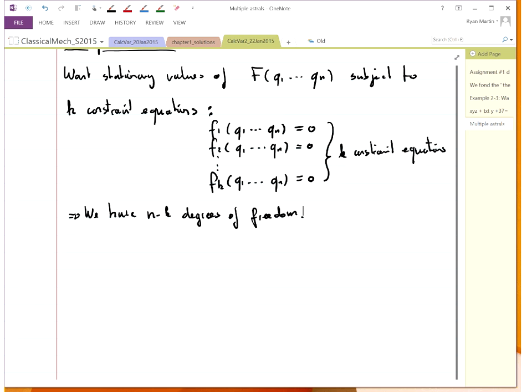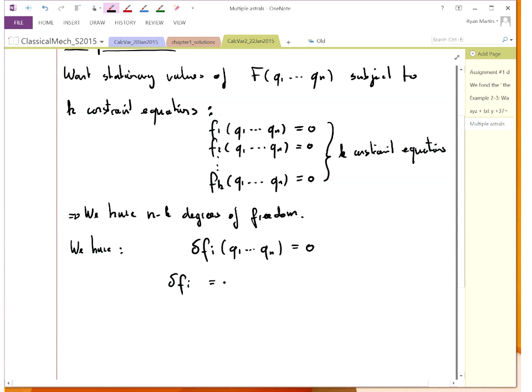Because each of these f's is equal to 0, the delta f's is also going to be equal to 0. So if we consider the variations of these fj, we have delta fj, and you can write this for f1, f2, and all the way up to fk. So delta fj of the q's, so q1 to qn, is equal to 0.